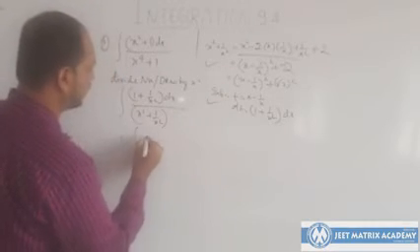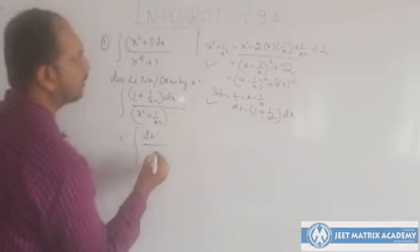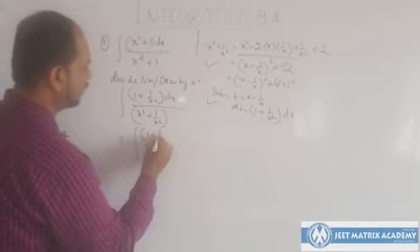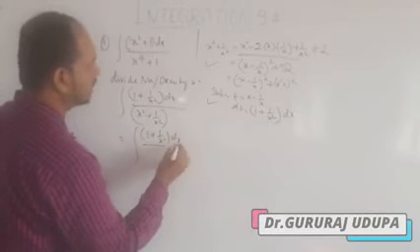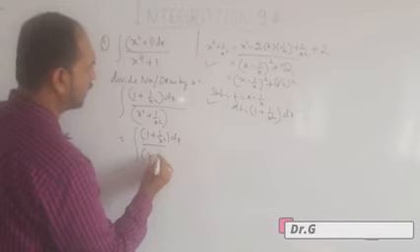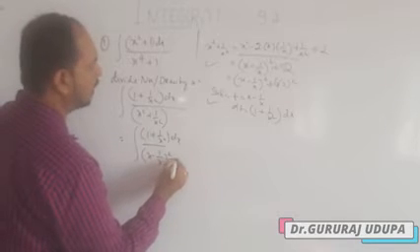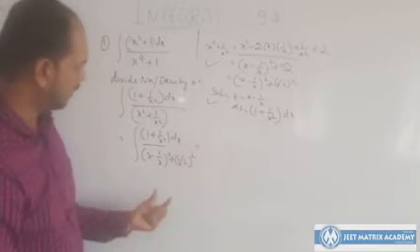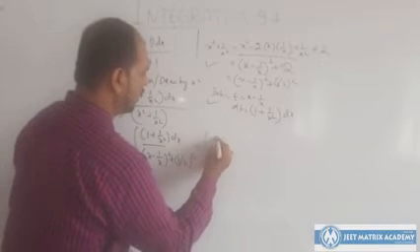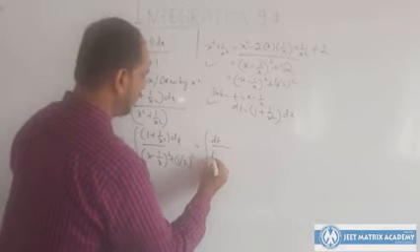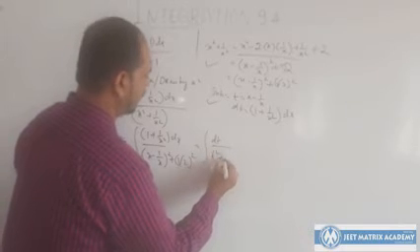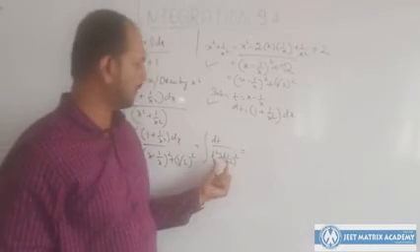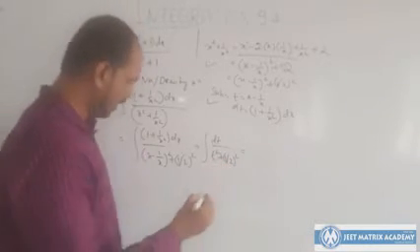Now substitute everything here. What we'll get is dt divided by (x minus 1 by x) whole square plus (root 2) whole square. Now it is very simple: dt divided by t square plus (root 2) whole square. It looks like dx divided by a square plus x square.